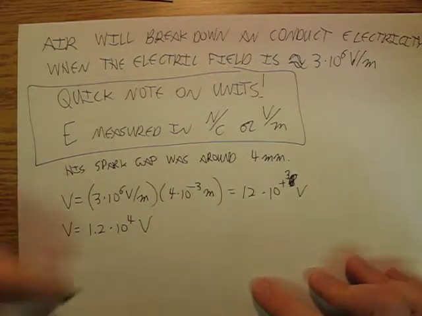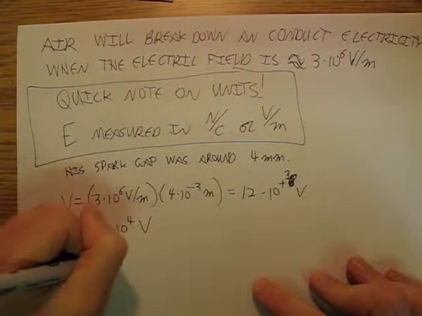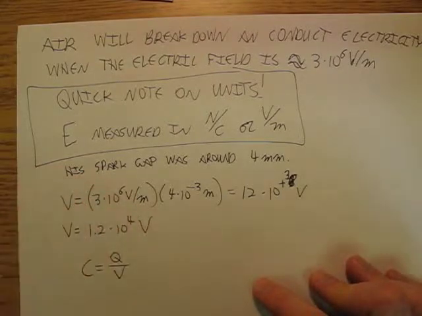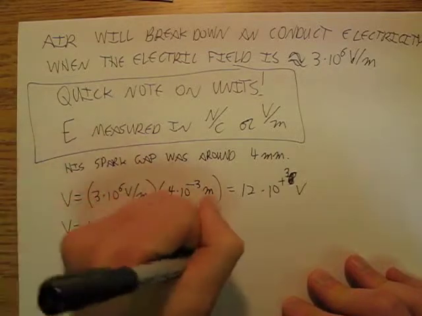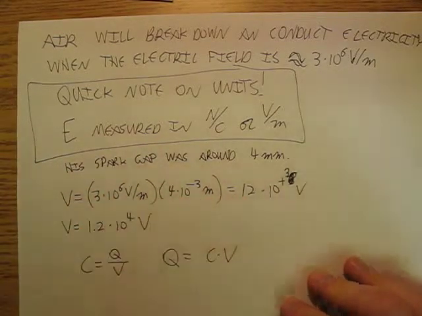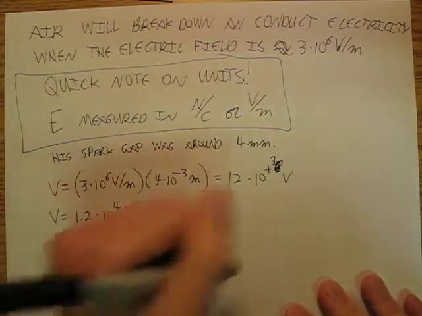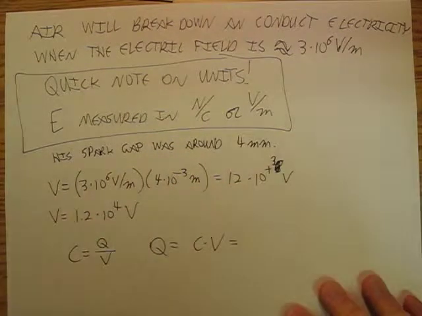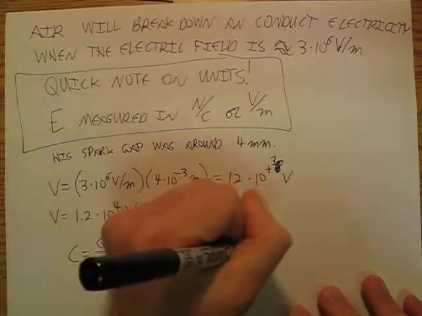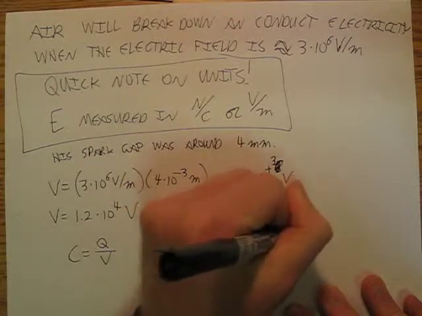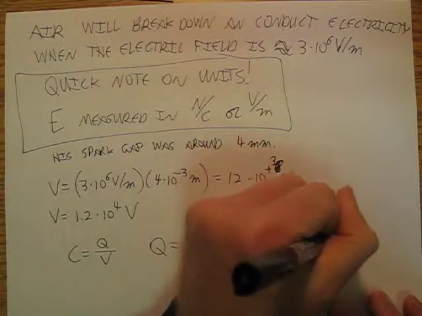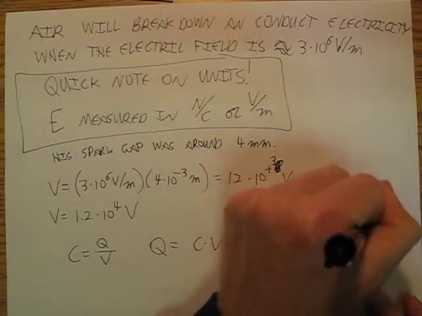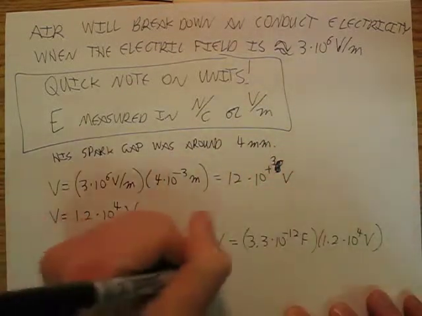Then the last thing we're going to do is C equals Q over V, so Q is going to be C times V. We had 3.3 times 10 to the negative 11 farads and 1.2 times 10 to the fourth volts.